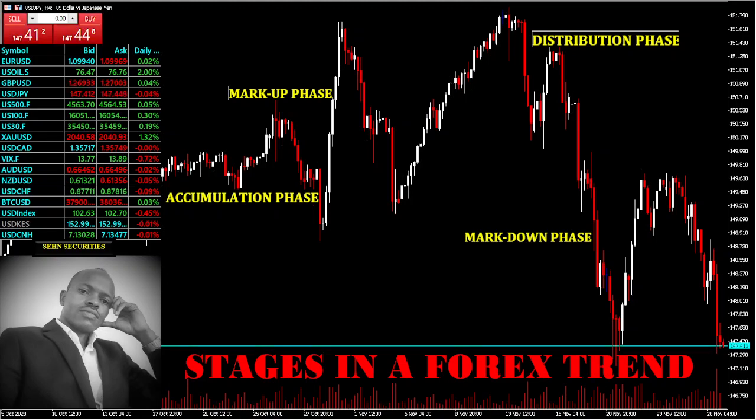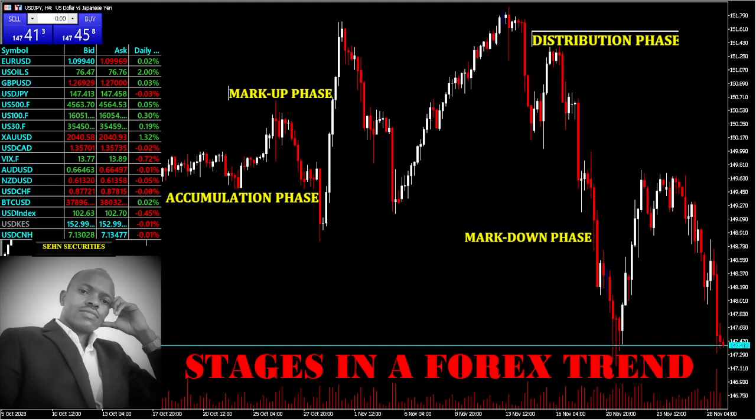As confidence wanes among the general public, selling interest intensifies. The exchange rate decline accelerates until it loses momentum, ushering the market back into the accumulation phase as the cycle repeats itself.